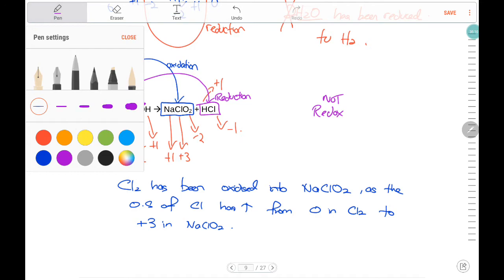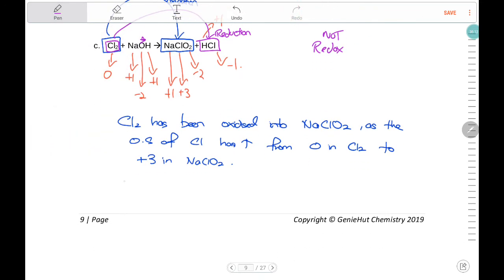That's the oxidation part. On the other hand, chlorine itself has also been reduced into HCl.